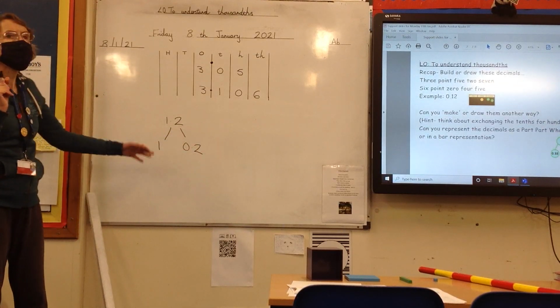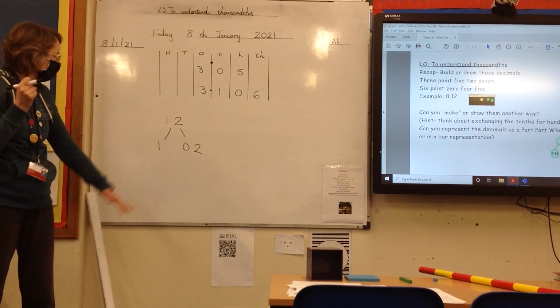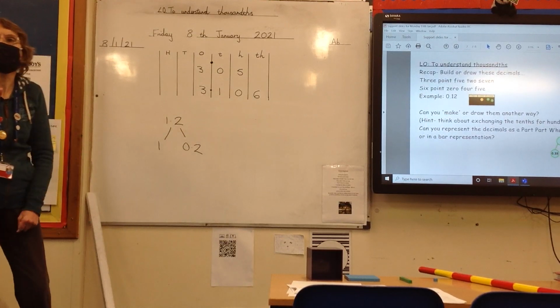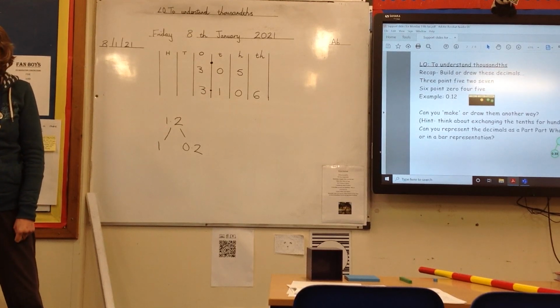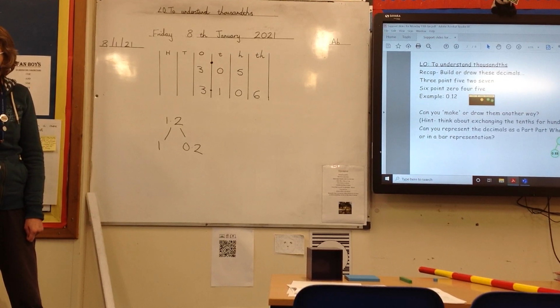Can you think of a different way of partitioning it? Can you think of any other way you could partition it? Perhaps not like that, but a different way of partitioning it. Can you do it on your whiteboard, please? Good, well done.